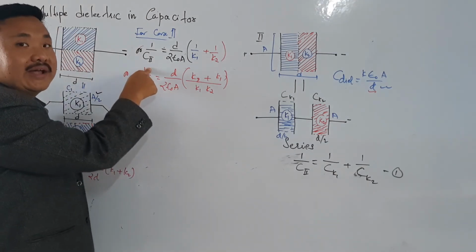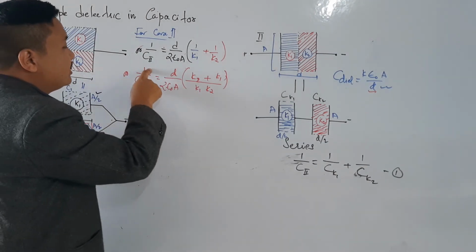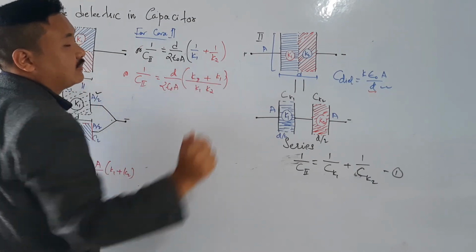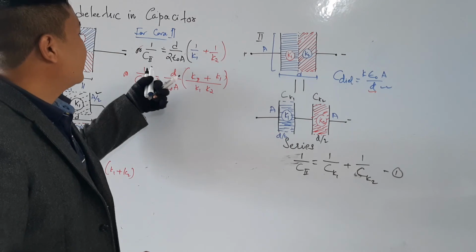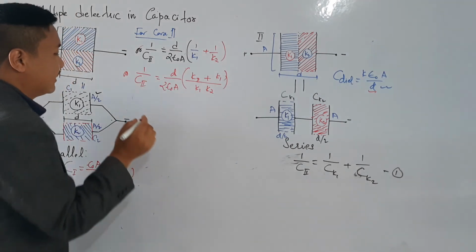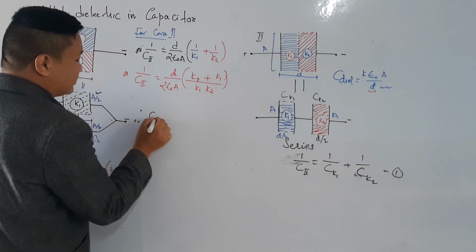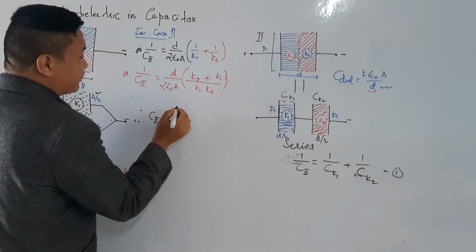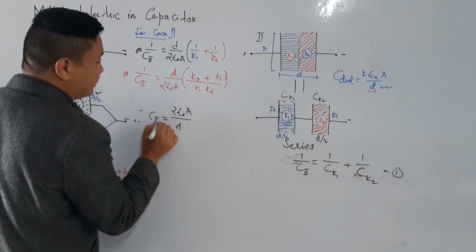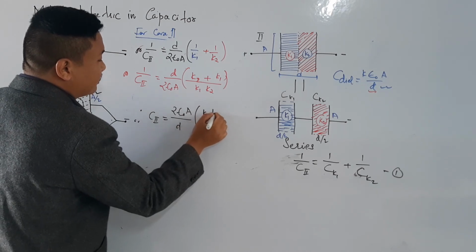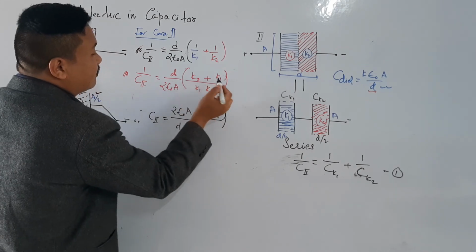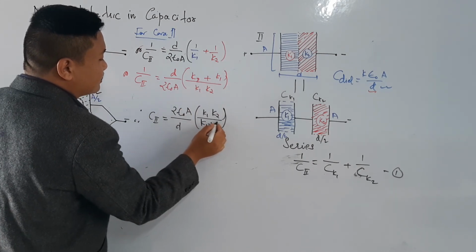Since here I have got 1, you can always invert directly. If it was not 1, then you would have to do cross multiplication. Here it is 1, so it works even without cross multiplication. Therefore, C2 is equal to 2 epsilon naught A divided by D, times K1 K2 divided by (K1 plus K2).